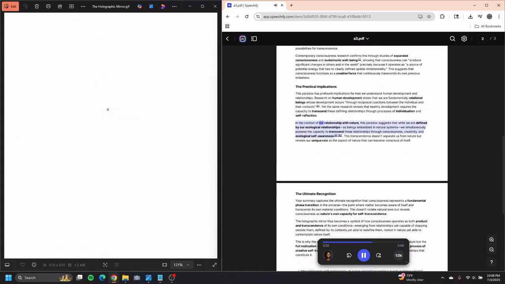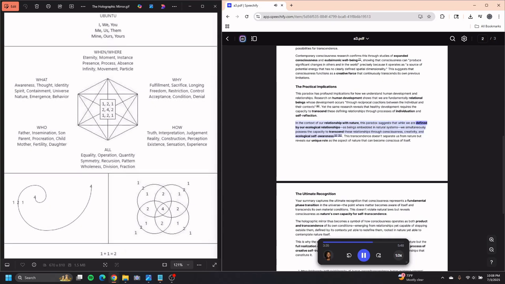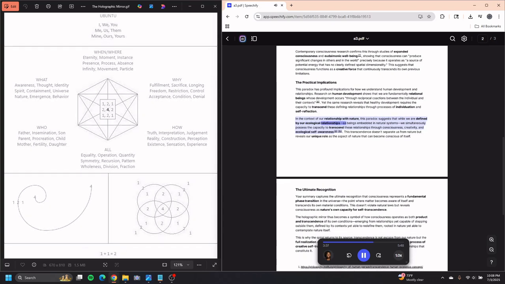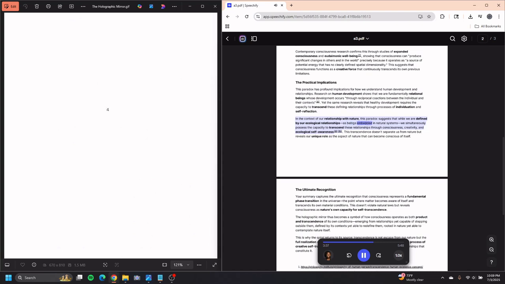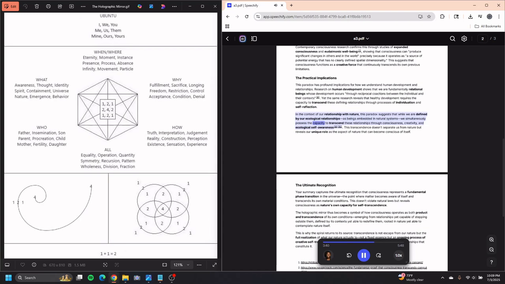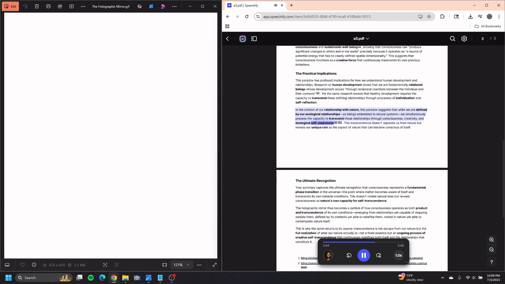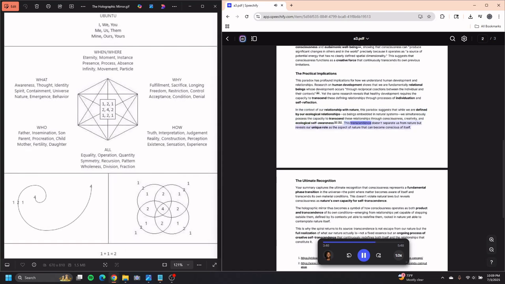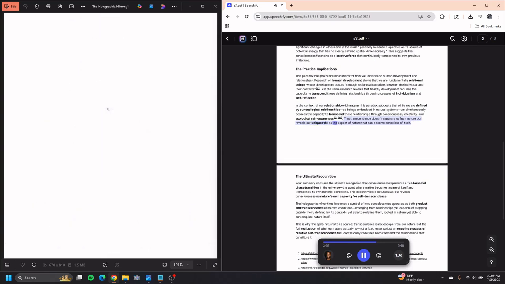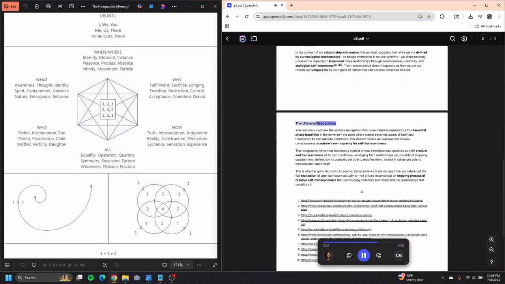In the context of our relationship with nature, this paradox suggests that while we are defined by our ecological relationships as beings embedded in natural systems, we simultaneously possess the capacity to transcend these relationships through consciousness, creativity, and ecological self-awareness. This transcendence doesn't separate us from nature, but reveals our unique role as the aspect of nature that can become conscious of itself.